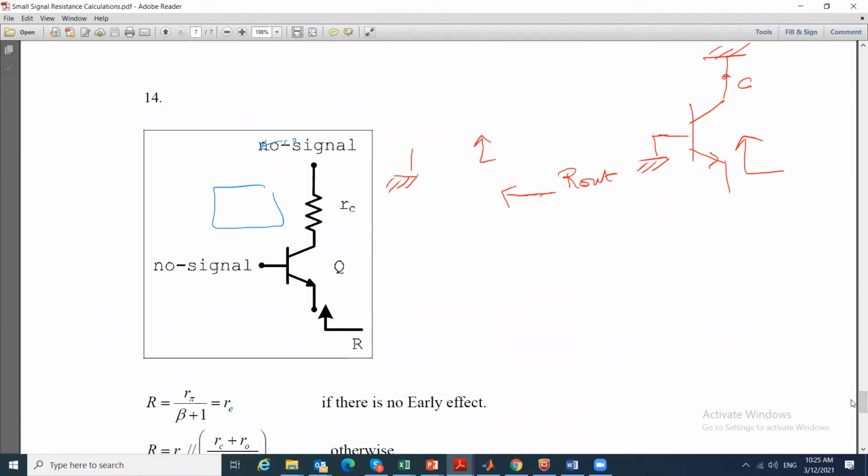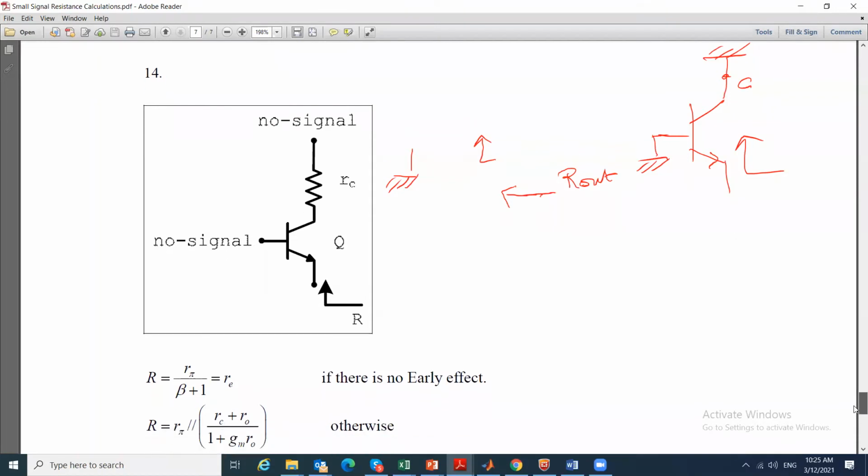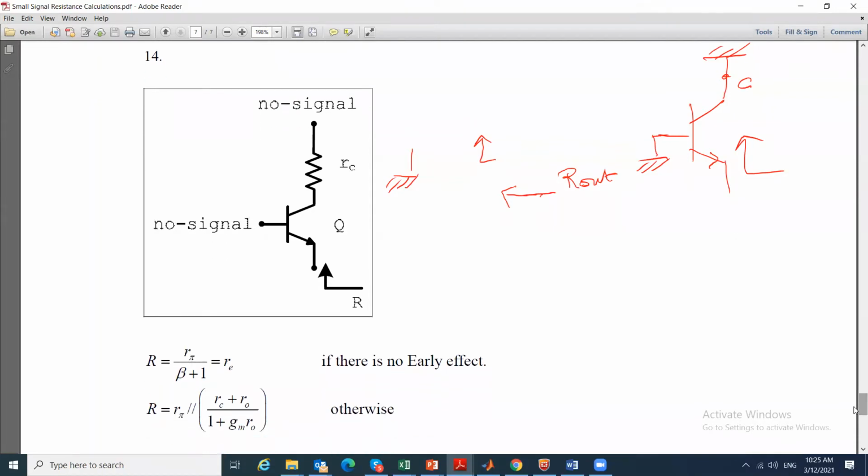This is the closest one. Looking into the emitter of the BJT, but this says with some resistance at the collector. What is the equation here? How do I map this to this? They are similar. What do I set? RC equal to 0. Exactly.